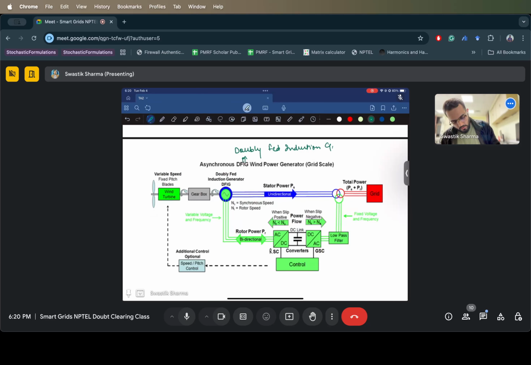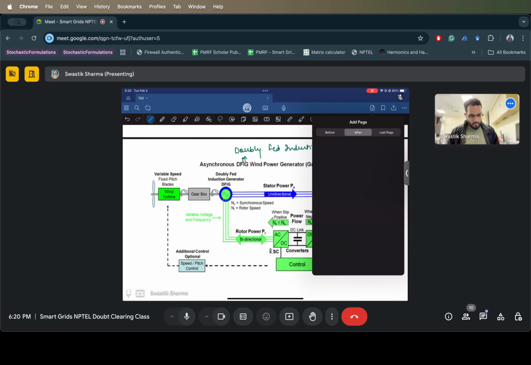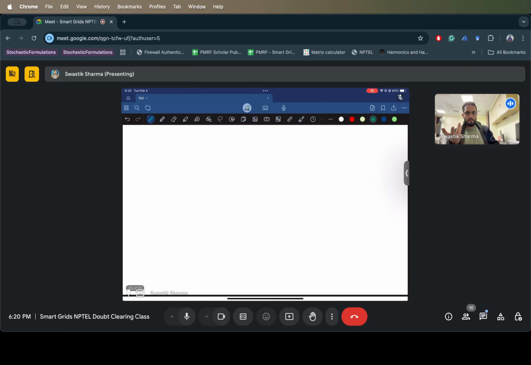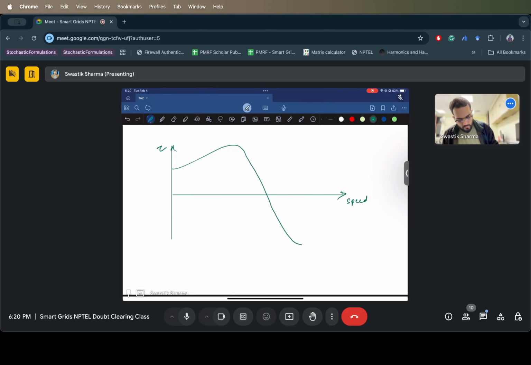If you remember your electrical machines course, you would have noticed the torque-speed characteristics of an induction machine. It is something like this.